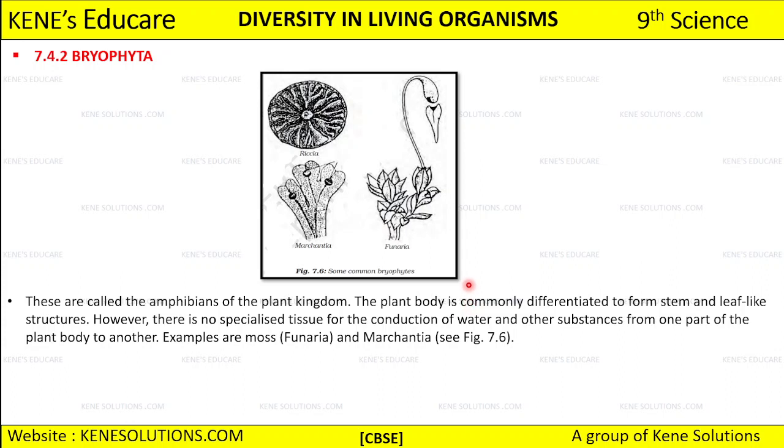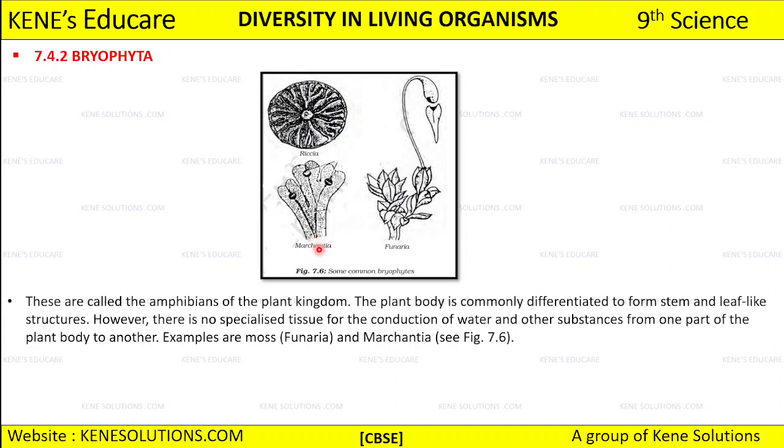So there is no specialized tissue available to the plants under Bryophyta which can help in conducting the food and water from one part of the plant body to another. The examples of plants that come under Bryophyta are moss, that is Funaria, and Marchantia. You can see the diagram which has been given in the figure here.